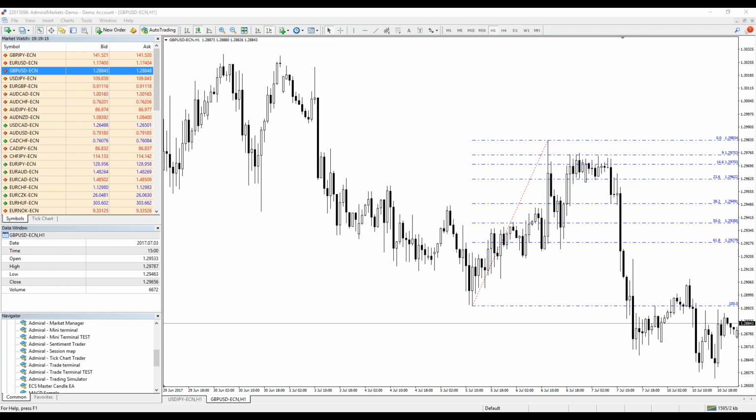But again, ZigZag is an indicator, so we still need to know what are the best settings for the indicator itself. So let's say that we put a ZigZag. Okay, I will put a default ZigZag here on the chart.